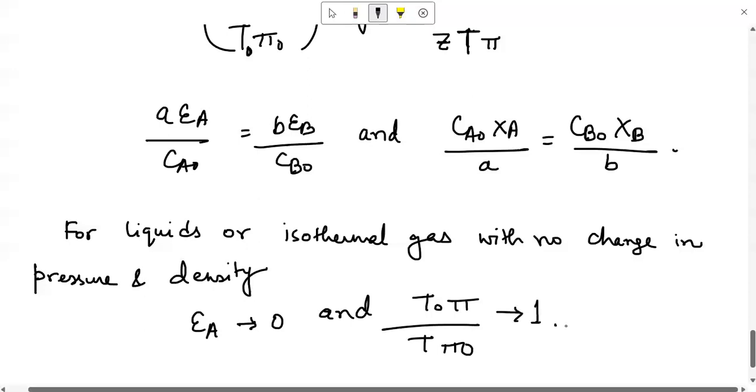Okay, and accordingly you have to obtain the relations.